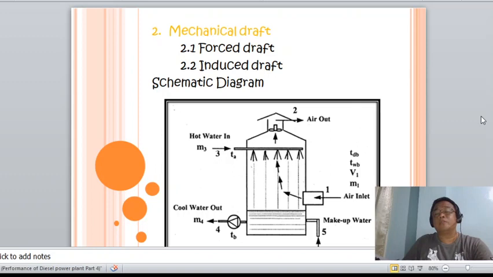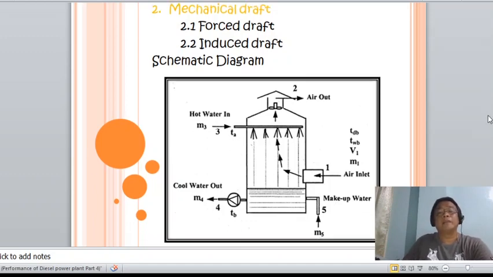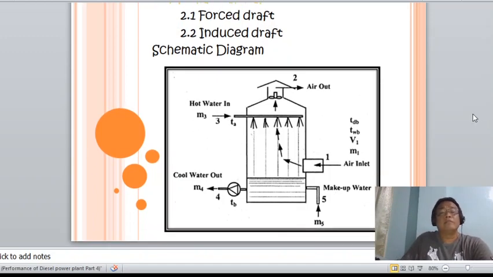Another is the so-called mechanical draft cooling tower, which is also divided into two: one is forced draft, another is induced draft. Here we have the schematic diagram of a simple cooling tower.